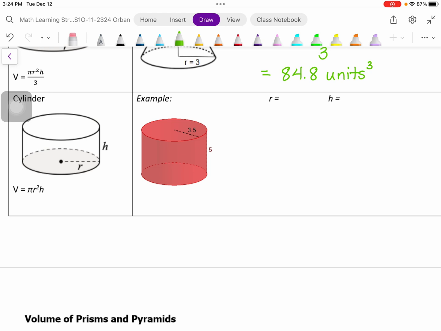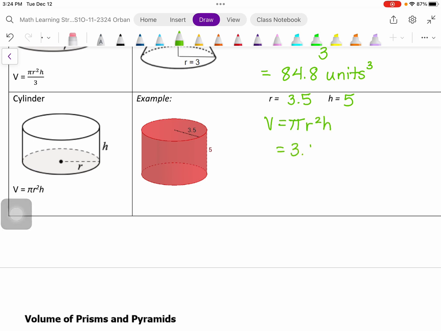And our last example is a cylinder. For a cylinder, we need the radius, just like the cone before, and the height is the distance between the two circles. So our radius in this example is 3.5. The height is 5. Our volume from our formula here is pi r squared h.